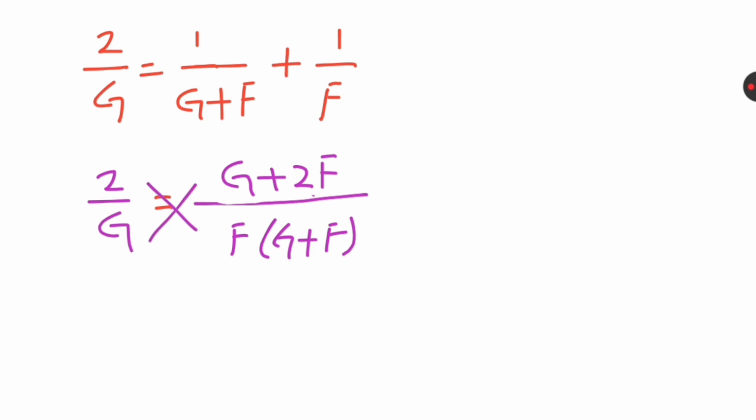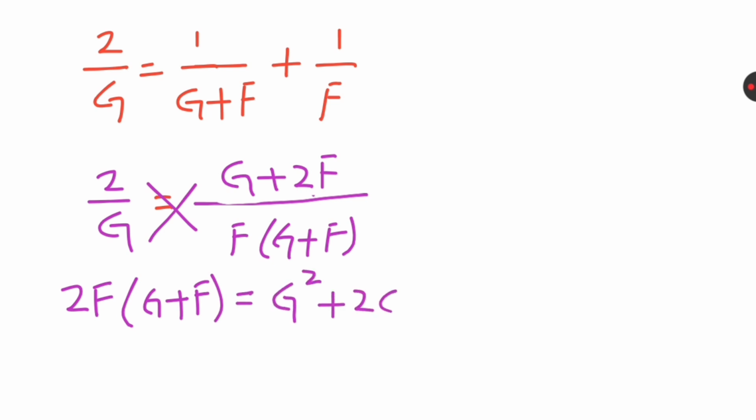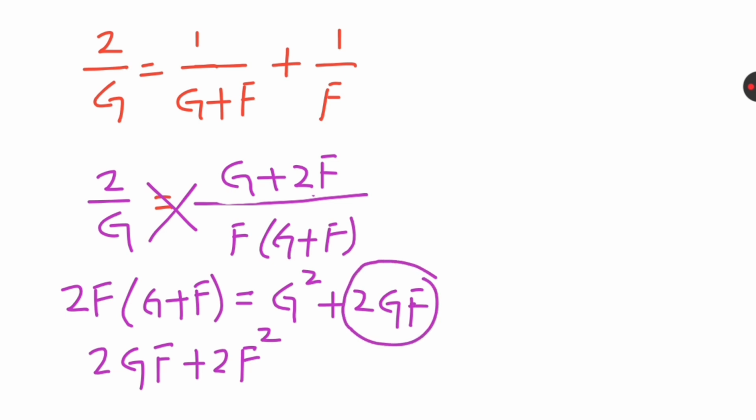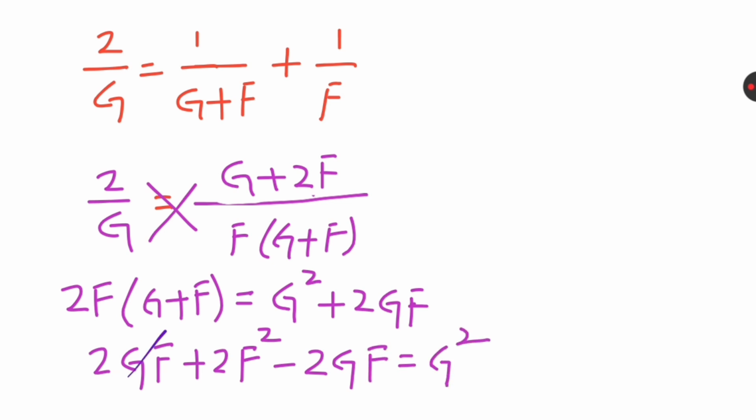If you cross multiply, then it is going to be 2f times g plus f, that is equal to g power 2 plus 2gf. On the left hand side we have 2gf plus 2f power 2. So only this 2gf part sent to the right hand side, then it is going to be minus 2gf, that is equal to g power 2. This plus 2gf minus 2gf gets cancelled, so we are left with only 2f power 2, that is equal to g power 2.